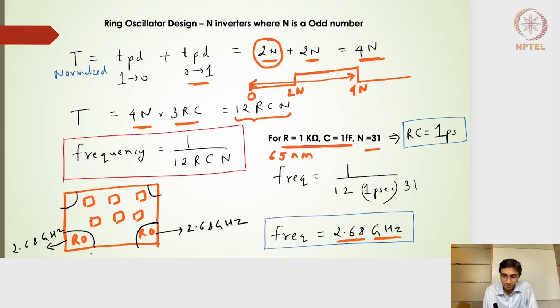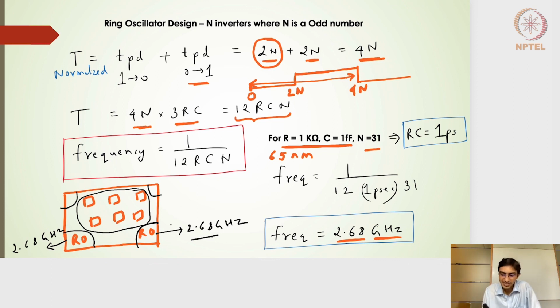Generally the fabrication process is such that in the middle region there won't be any problems. The problems arise only when the circuits go closer to the boundary. That is when most of the diffusion or deposition processes tend to have a different profile. That's the reason why we have the ring oscillator circuits attached to the corners. If the value of n is equal to 31, a 31 stage inverter ring oscillator will be created at the corners, and if after verification it gives 2.68 gigahertz, then we say that the chip is working perfectly fine.